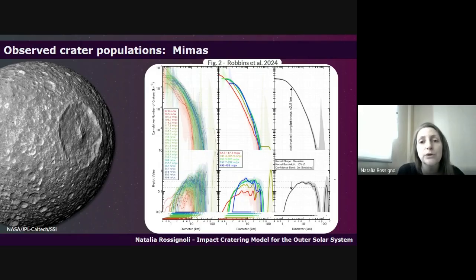And also, you can use an observed crater count and build the impactor population that would generate those craters. And with that impactor population, you can apply it to the rest of the satellites to see if this impactor population is representative of the whole system. And in the last place, we can also use it as the main calibrator of more numerical or theoretical works, such as the one I'm going to present today.